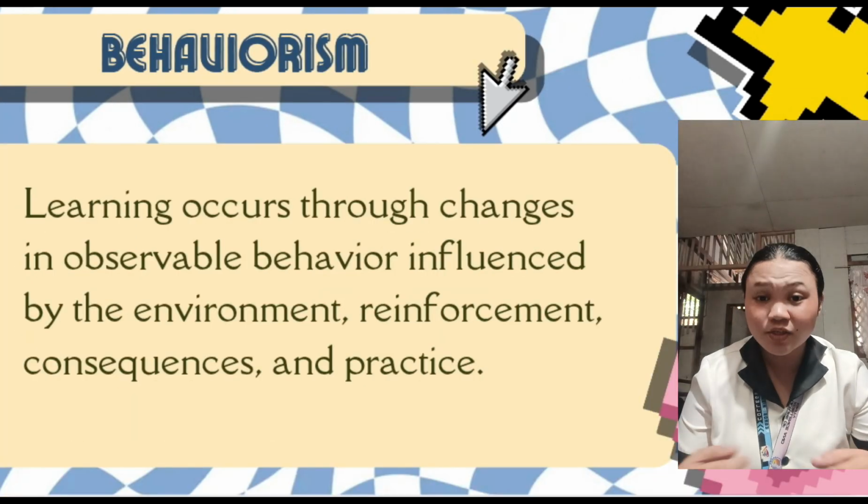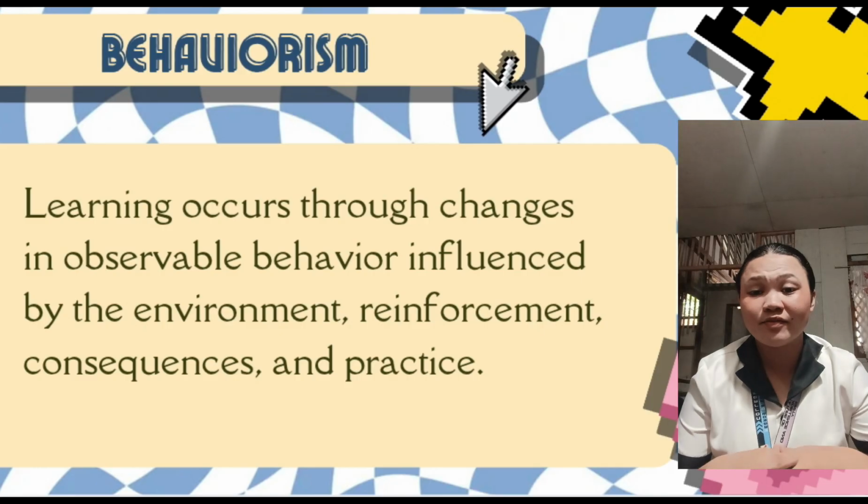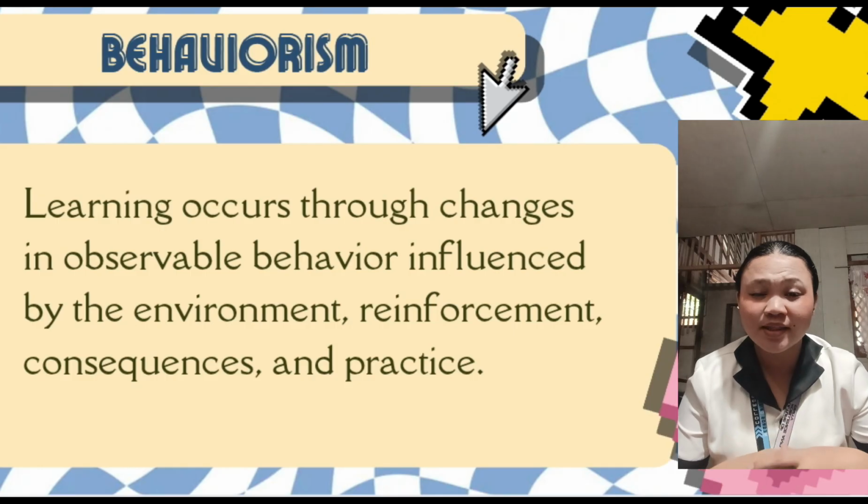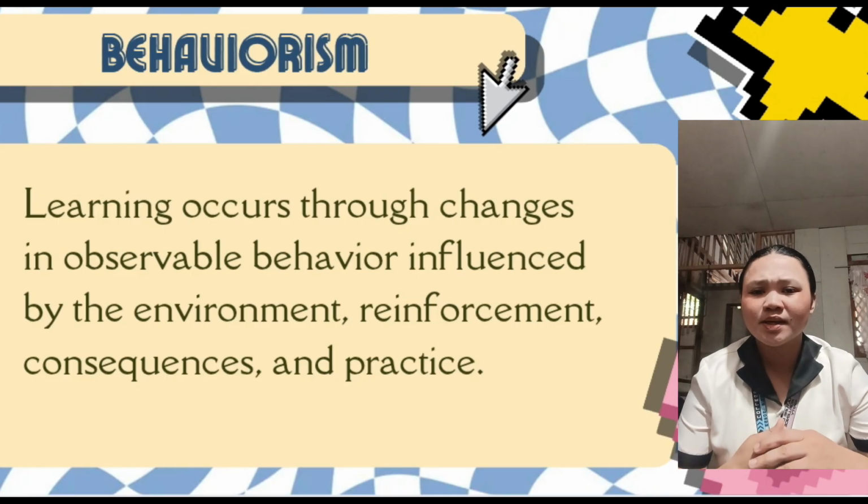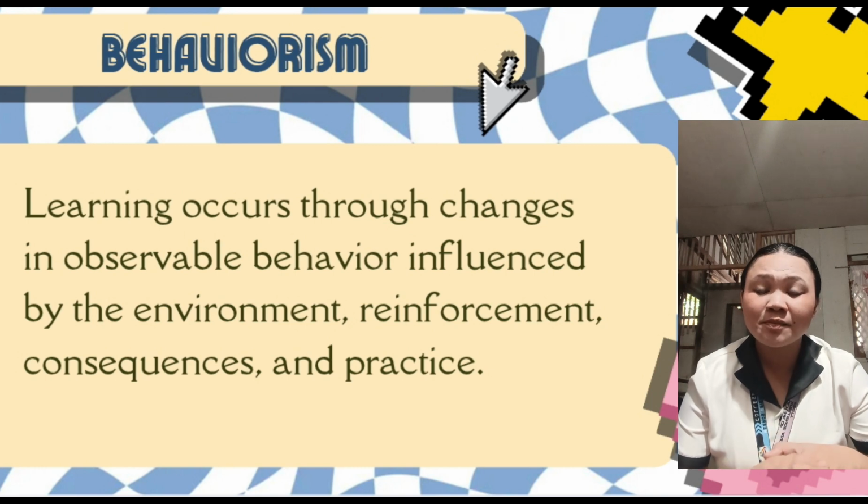So let's go on to the first theory, which is behaviorism by B.F. Skinner. Learning occurs through changes in observable behavior influenced by the environment, reinforcement, consequences, and practice. When we say behaviorism, it explains learning as a change in observable behavior caused by interaction with the environment.